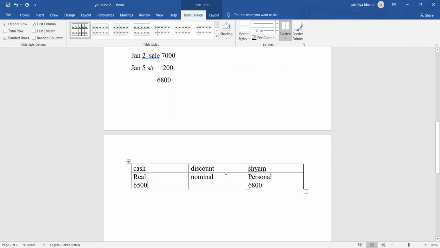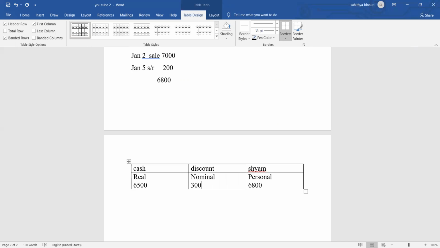So the 300 rupees is going to become the discount, because 6,800 minus 6,500, 300 rupees is the discount you offered to Sham. So actually you have to receive 6,800, but you received only 6,500. It means 300 rupees is the discount you gave to Sham.